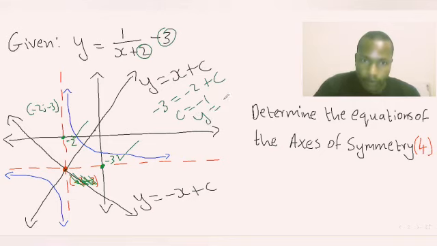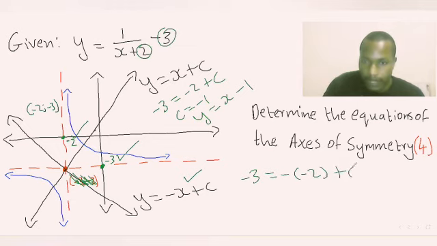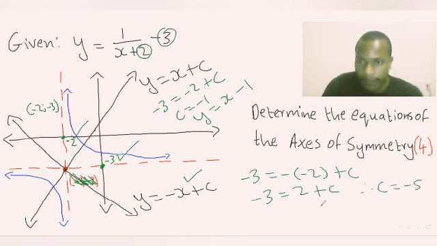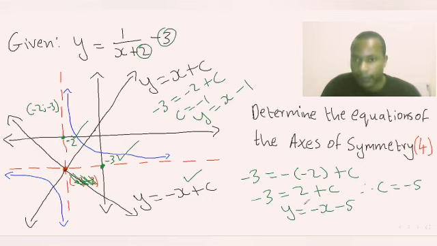Therefore, y would equal x minus 1. For this other equation, we would have -3 equals 2 plus c, and therefore c would equal -5, making the equation for the axis of symmetry equal to -x minus 5.